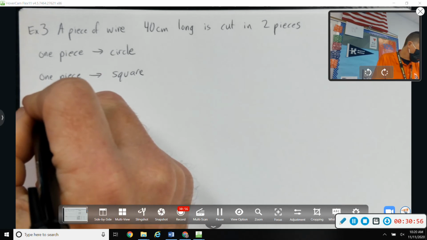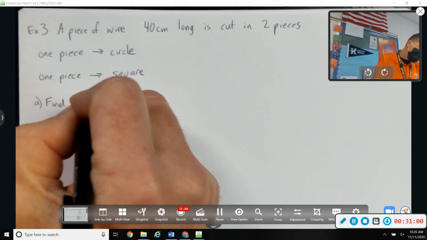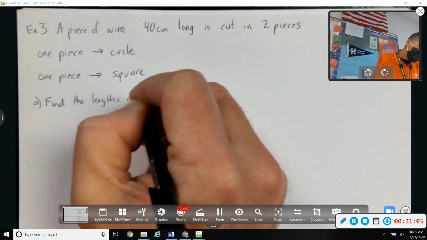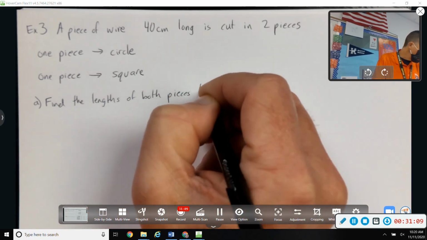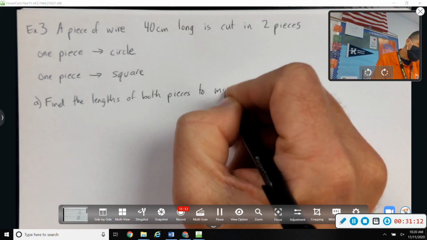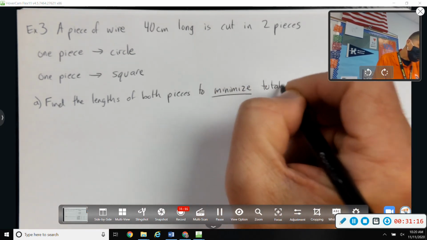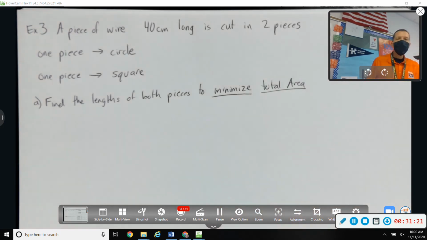The question then is, find the lengths of both pieces to minimize the total area. Yes, this is going to be a hard one. This is going to be a weird one.